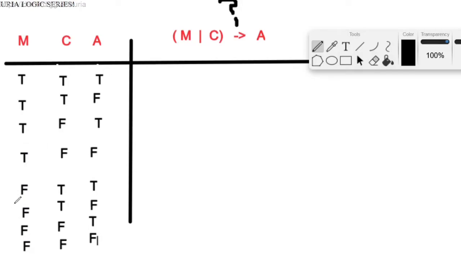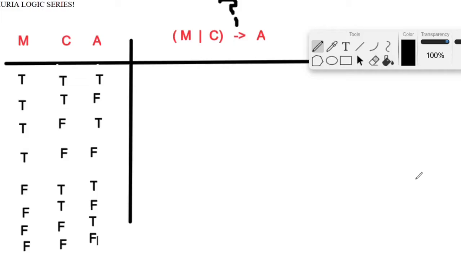Is it true when M is false, C is false, and A is false? This is what logic allows us to do: take this relatively complex statement and tell you when it's possible for it to be true. So how do we go about evaluating this? Wait, is this an inclusive OR? It's an inclusive OR, yes.